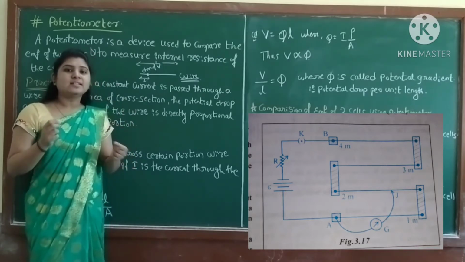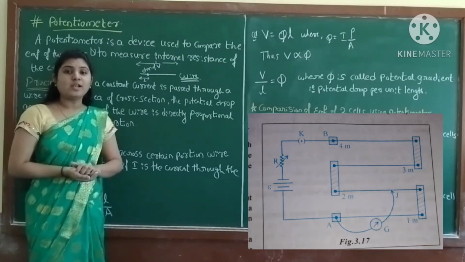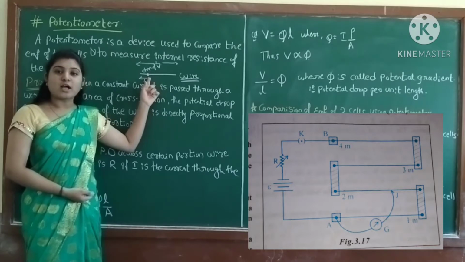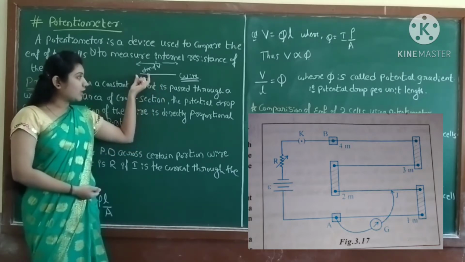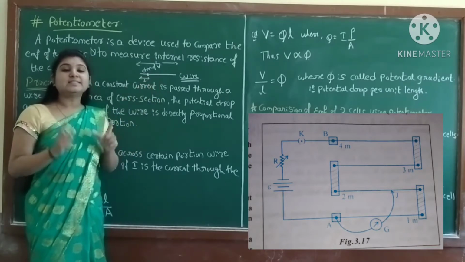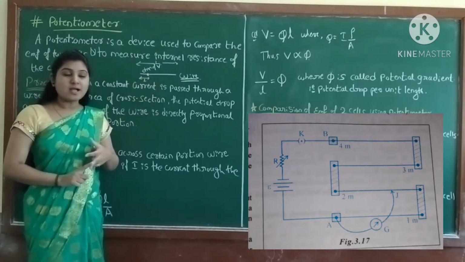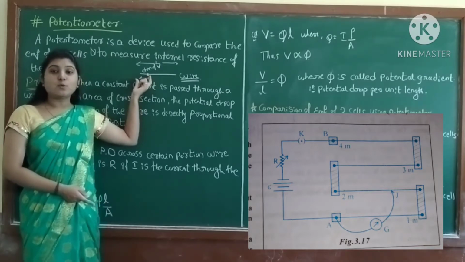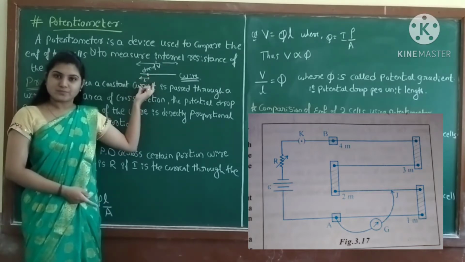So whatever potential drop occurs at this point is directly proportional to the length of this portion of the wire, right?